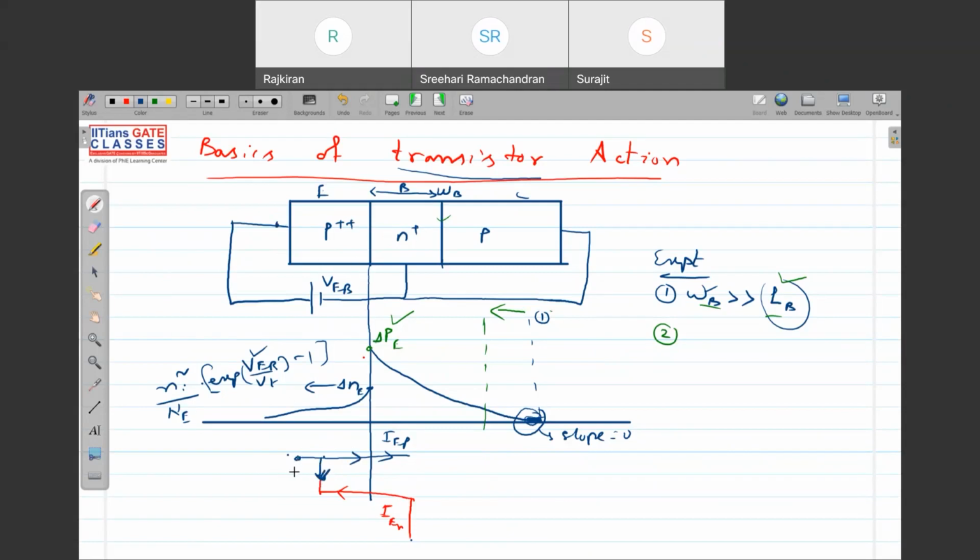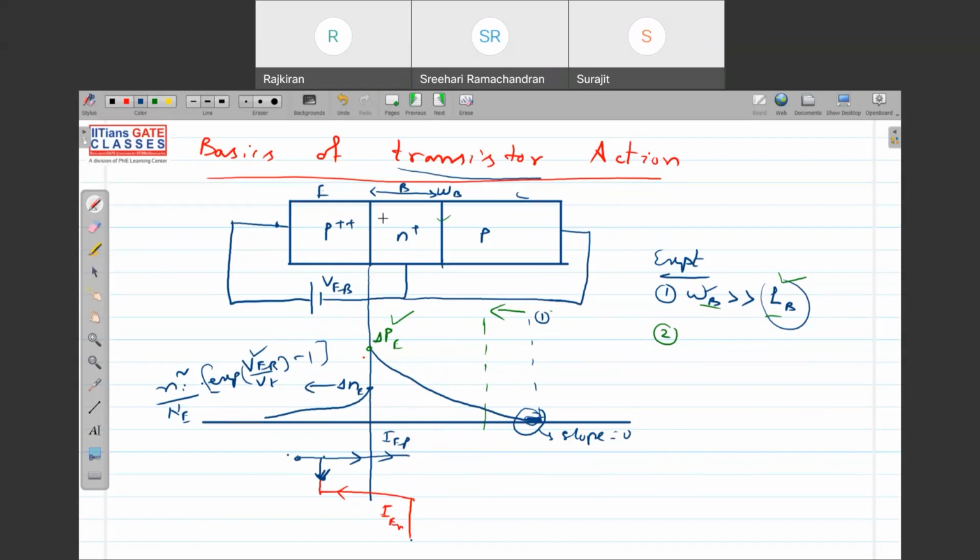So this contact is providing all the holes that have been injected from emitter to base, and also all the holes that have been recombined with the electrons. Getting or not?